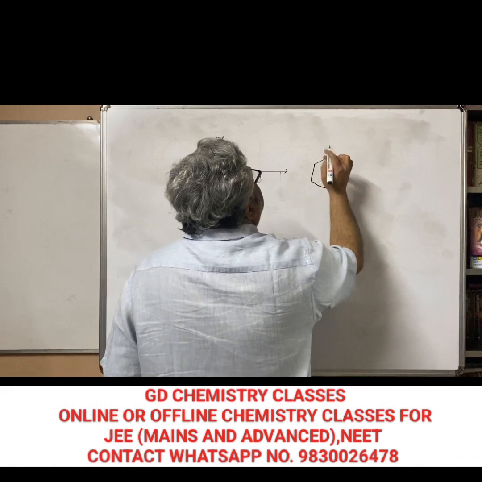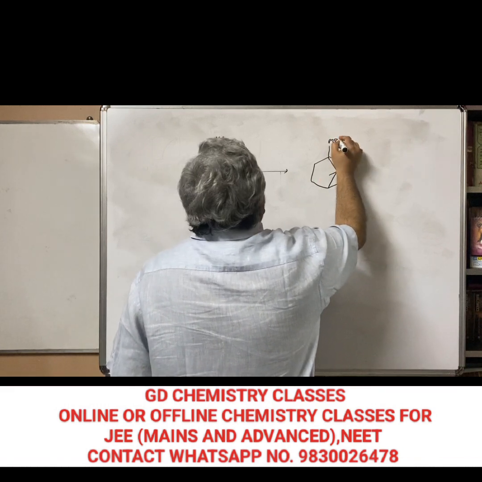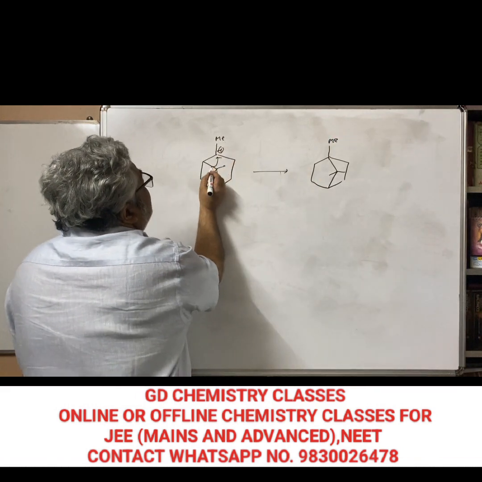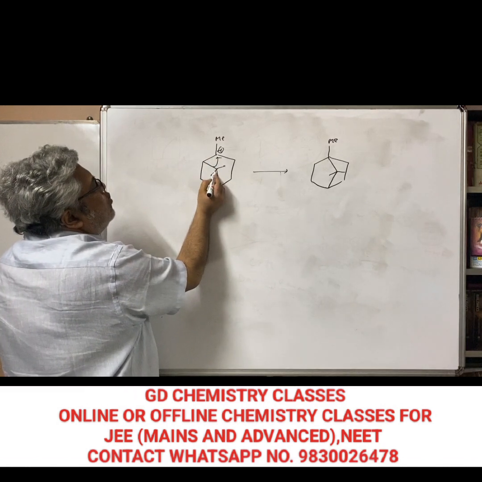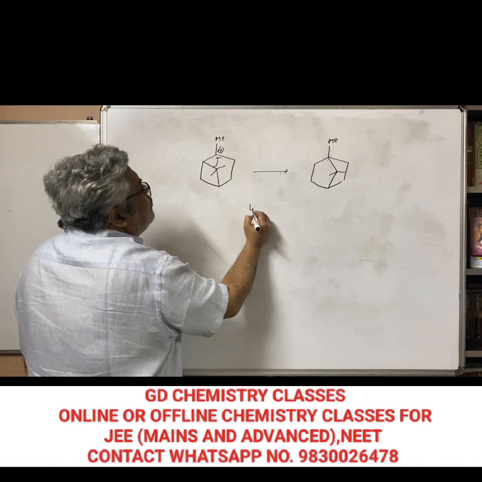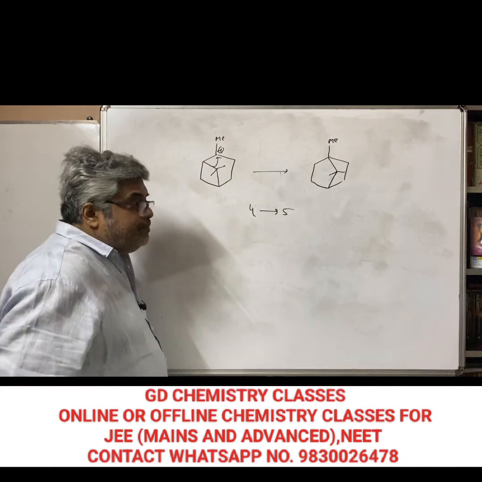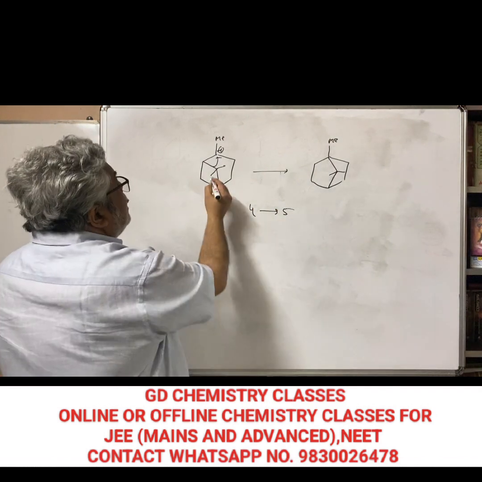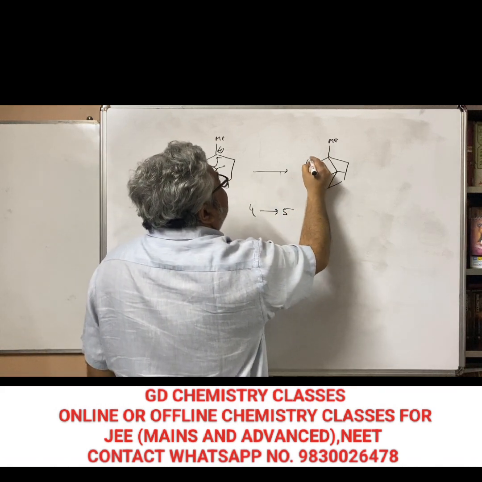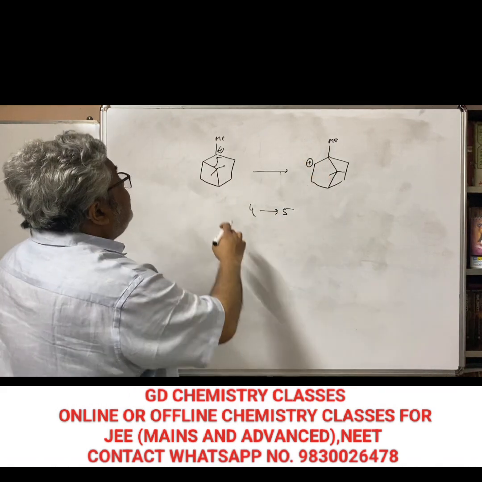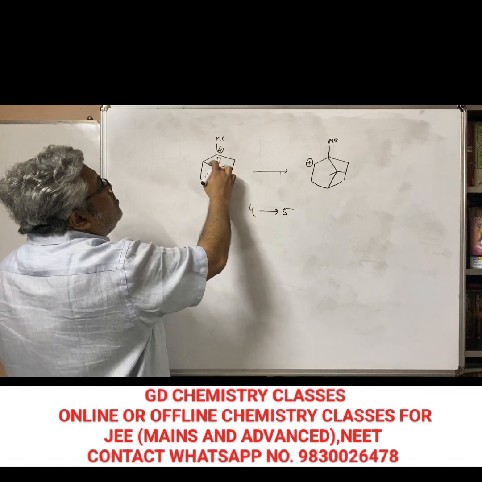Now, what we are doing is that there's a positive charge here. I am breaking this bond and expanding this. That means this is a 4-membered ring, and I am going from a 4 to a 5-membered ring. So this carbon has lost its electrons, so the positive charge will be here. What is the other possibility? There's a positive charge on the ring, so there may be ring contraction.